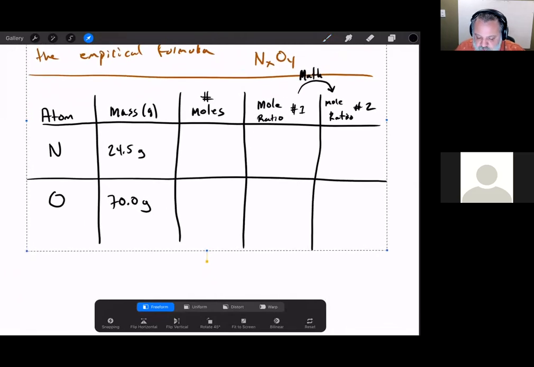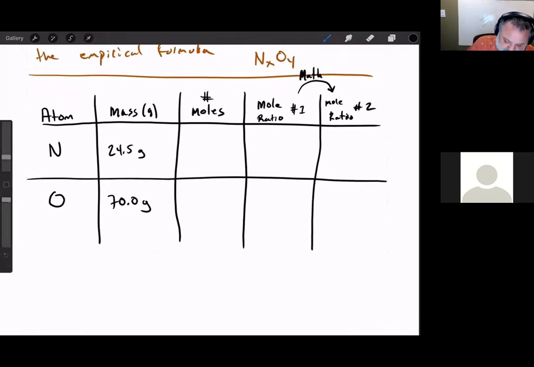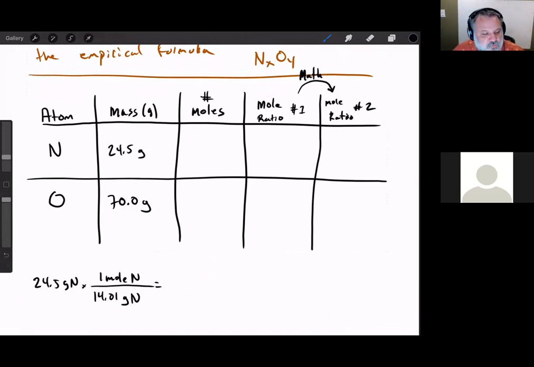Well, I already know how to do this calculation. 24.5 grams of nitrogen. And I look at the periodic table and I say that nitrogen is 14.01 grams per mole. And using this quick calculation, I can calculate the number of moles in 24.5 grams.